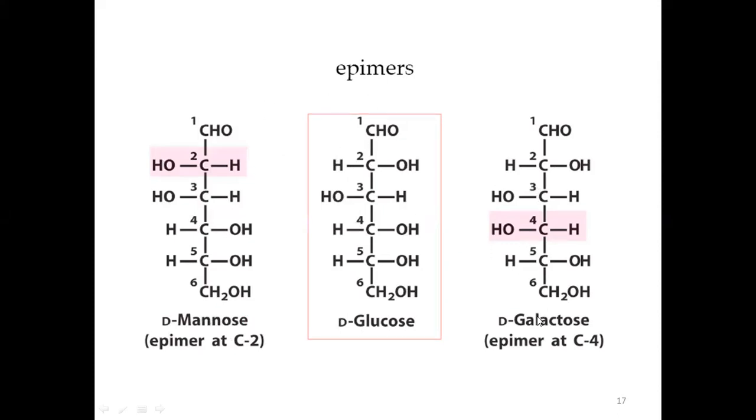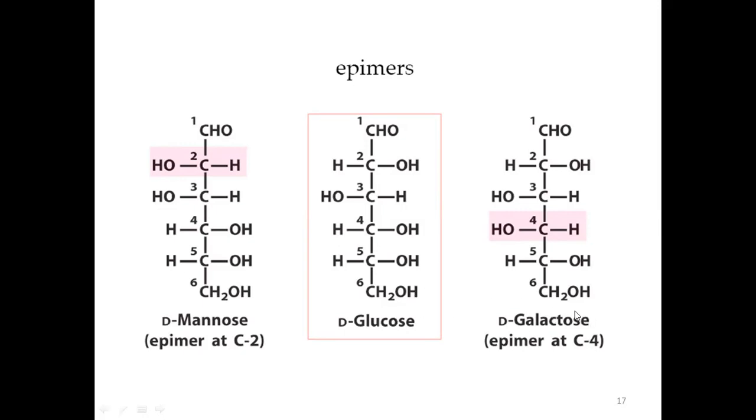For galactose, you have all the same sequence of the OH on the chiral carbons, but on carbon 4 there is a change in the OH. A change in only one chiral center, so you call that an epimer.